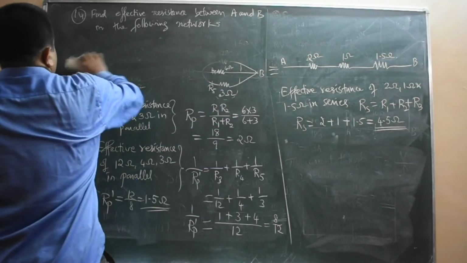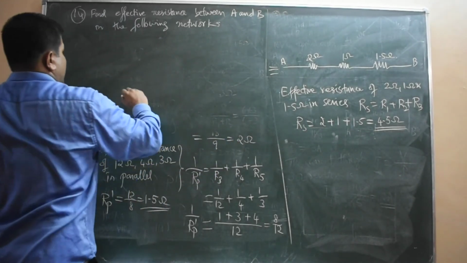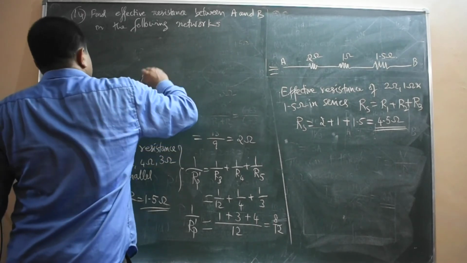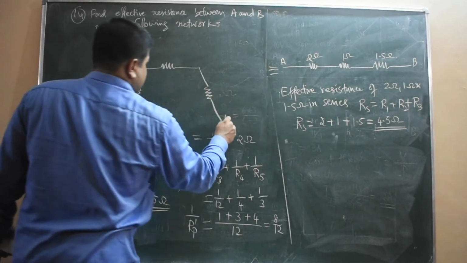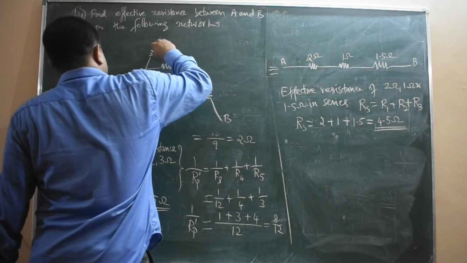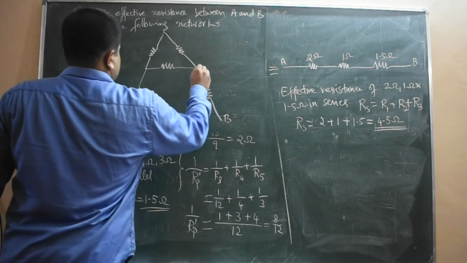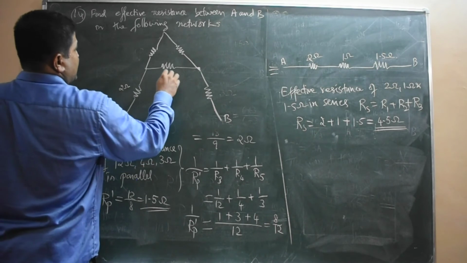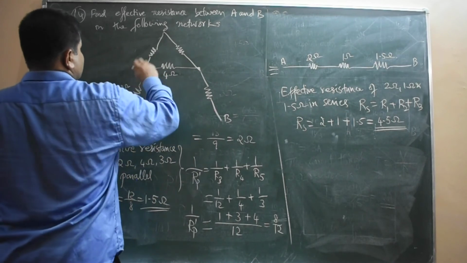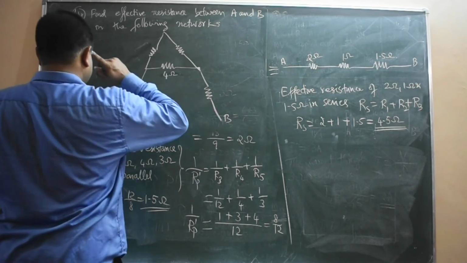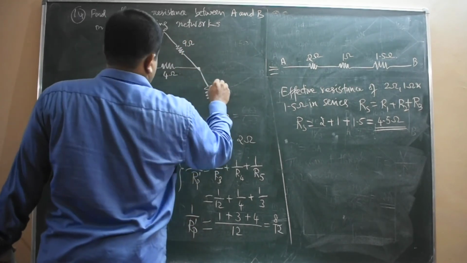Another circuit B, another problem I will take. The resistors are given in such a way that they form a letter A. Now this is point A, this is point B. The resistances are like this: 2 ohm, here 4 ohm I will take, this is 3 ohm and this is 9 ohm, and this is some 5 ohm I will take.